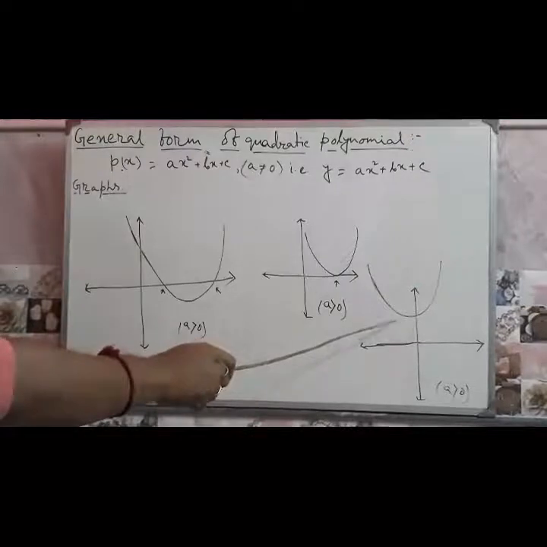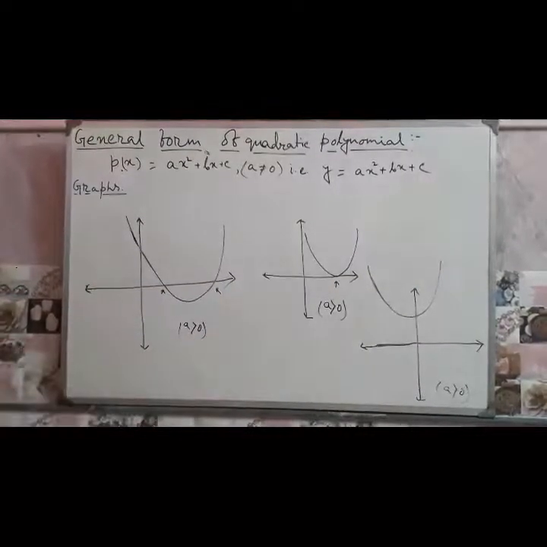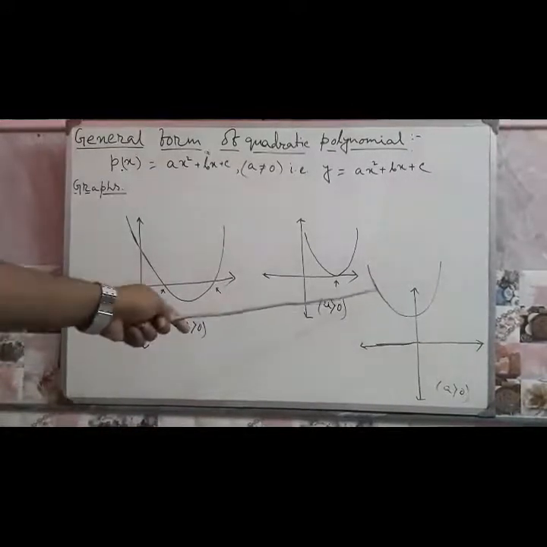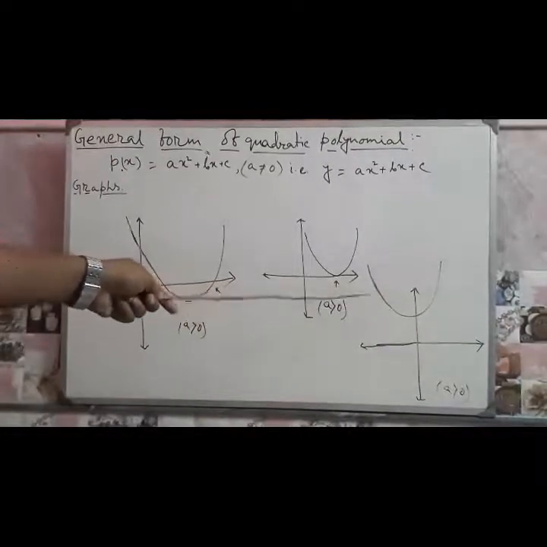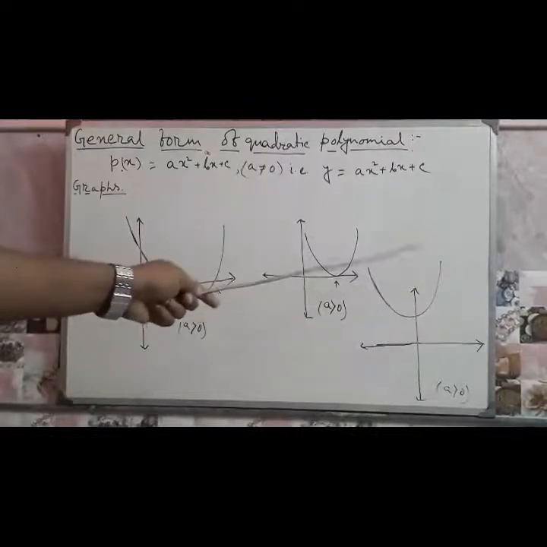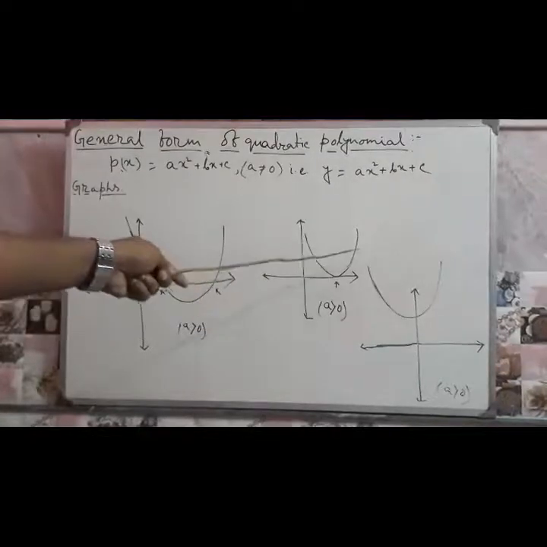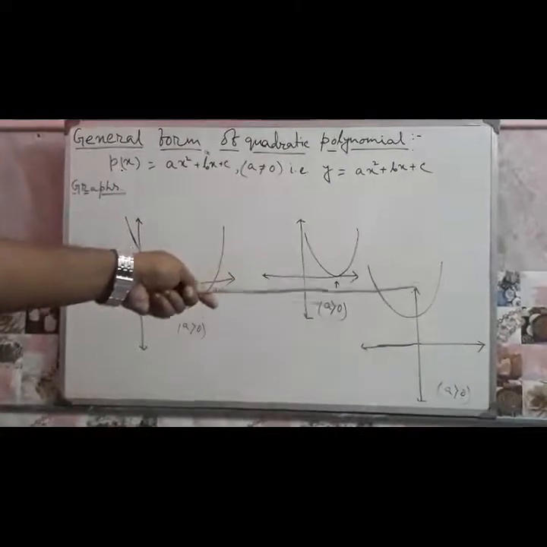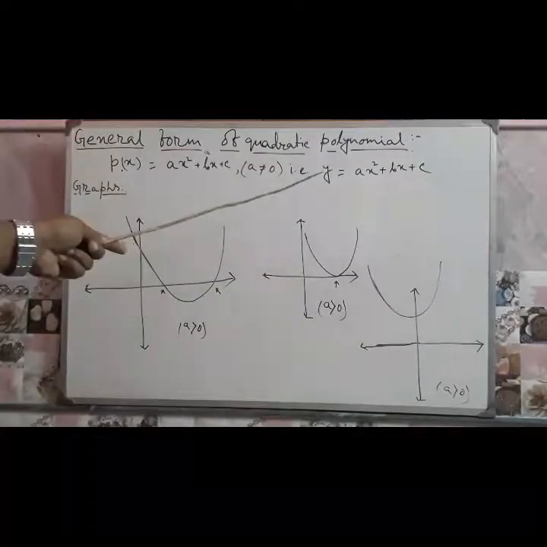And here you see the graph of this polynomial does not intersect the x-axis. That means there exists no real value of x for which the value of the polynomial becomes 0. That means this polynomial has no zero. In all these 3 cases, a is greater than 0.